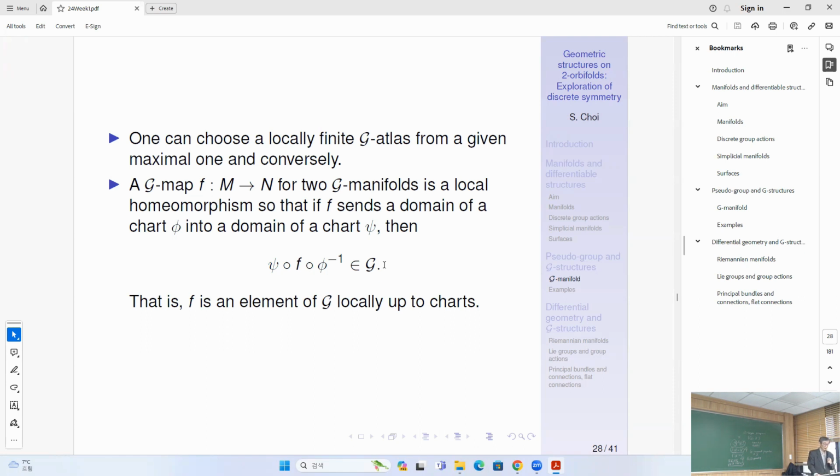That's the definition of a G map. Once you define this, there is a whole category of G manifolds, and you can talk about it as if it were a category of topological spaces. That's how you restrict this set.